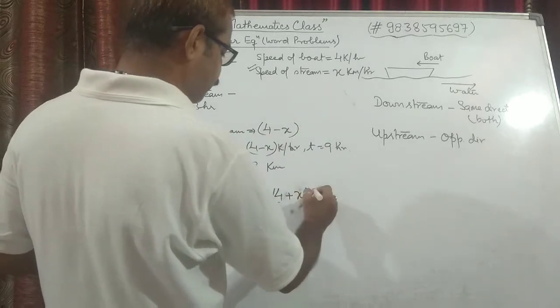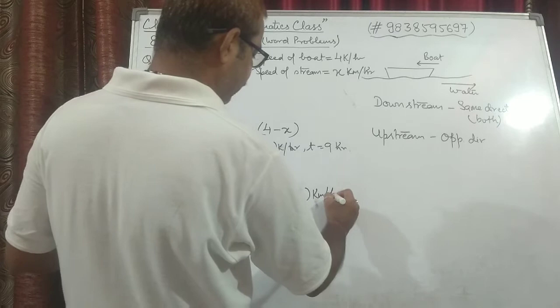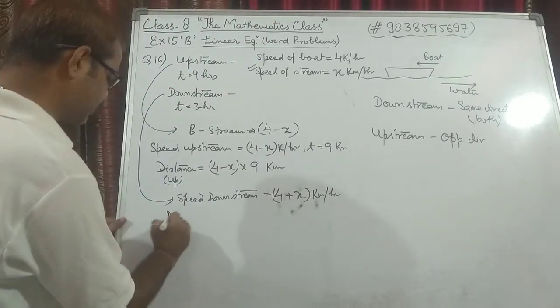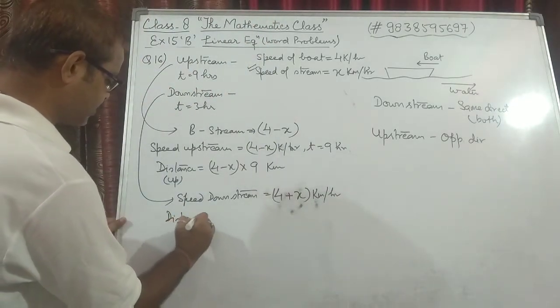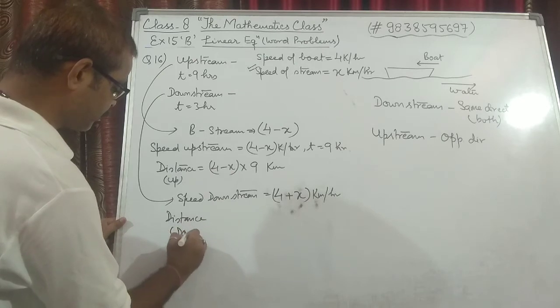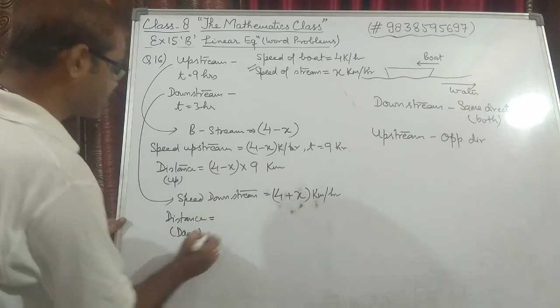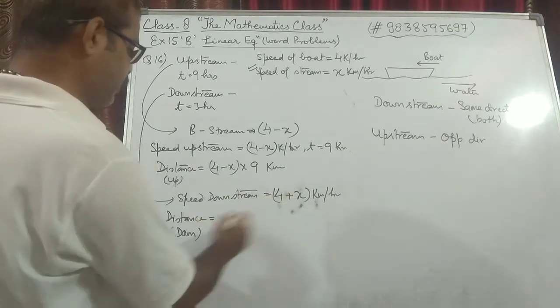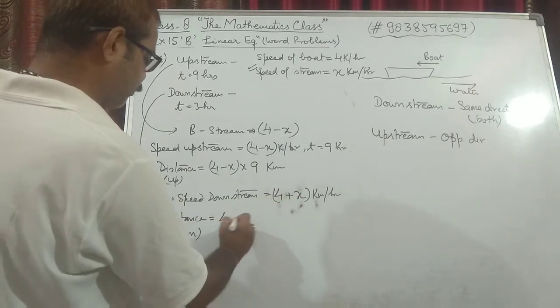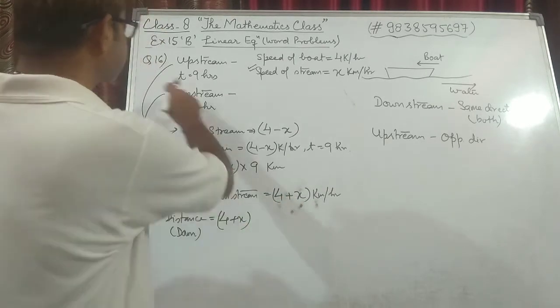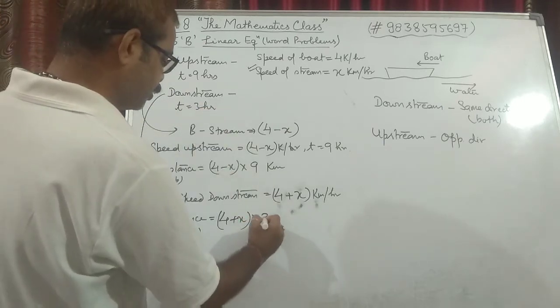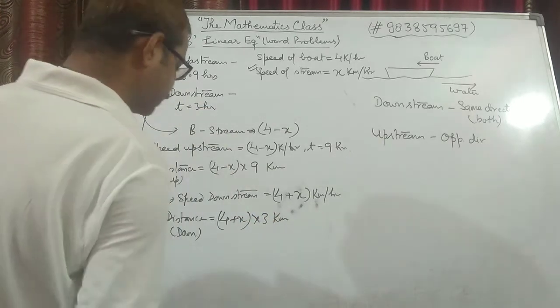So the total comes out to be 4 plus x kilometers per hour. So distance downstream, we know that distance equals speed into time, and speed we have calculated 4 plus x, and time they say is 3 hours. So (4 + x) into 3 kilometers is the distance.